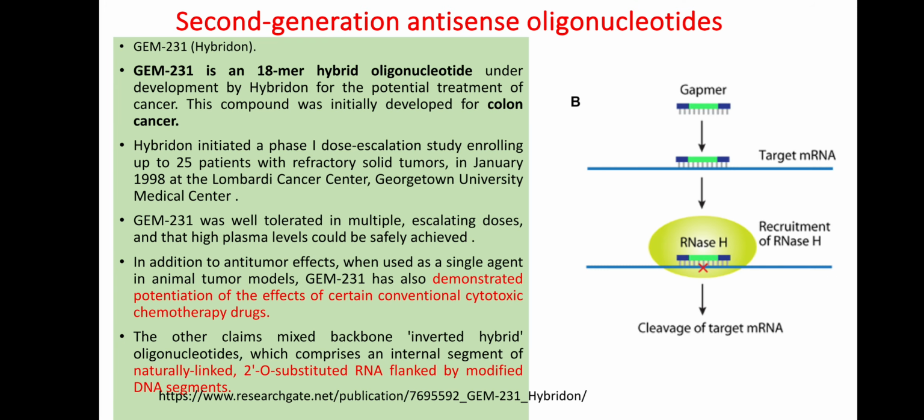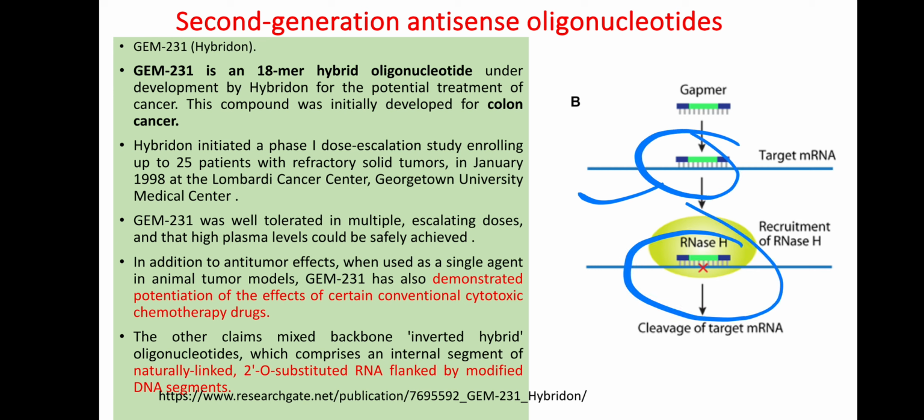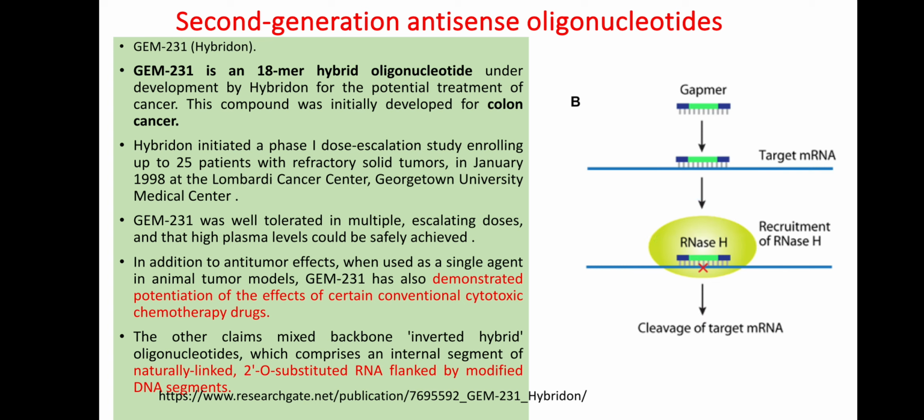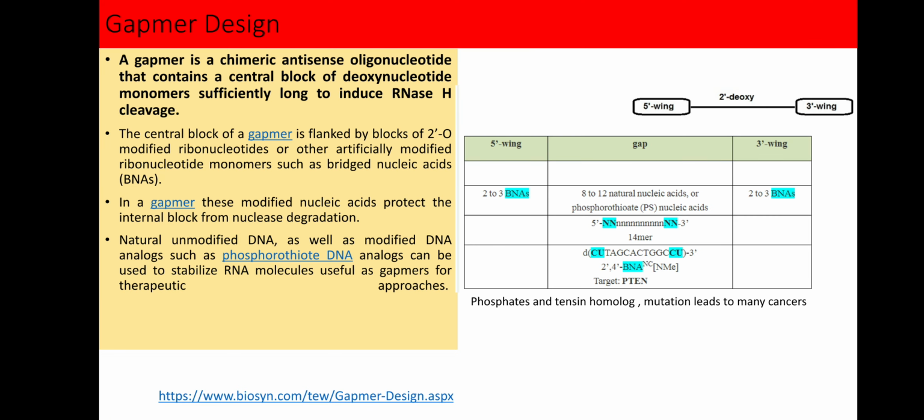This is the target mRNA, and the gapmer directly binds with the target mRNA and promotes RNase H activity. But second generation molecules alone cannot promote recruitment of RNase H activity. So this is the challenge for second generation, but in presence of gapmer technology it is resolved, and this is much better than first generation nucleotides.